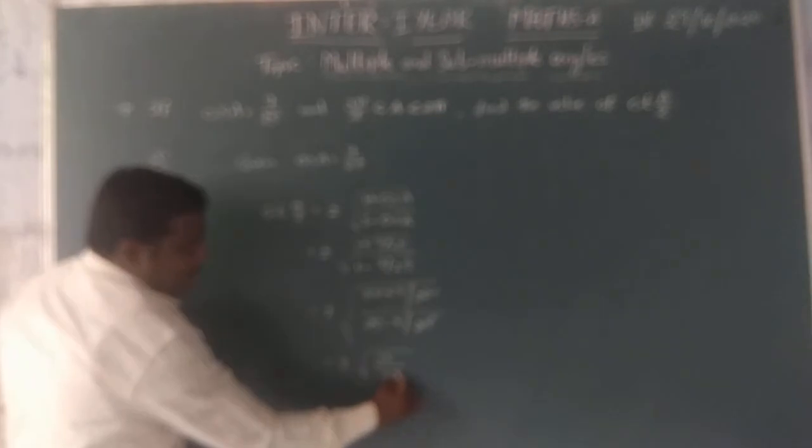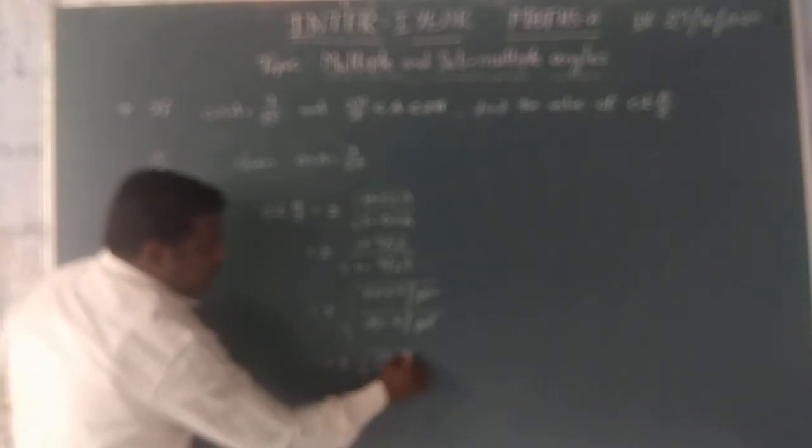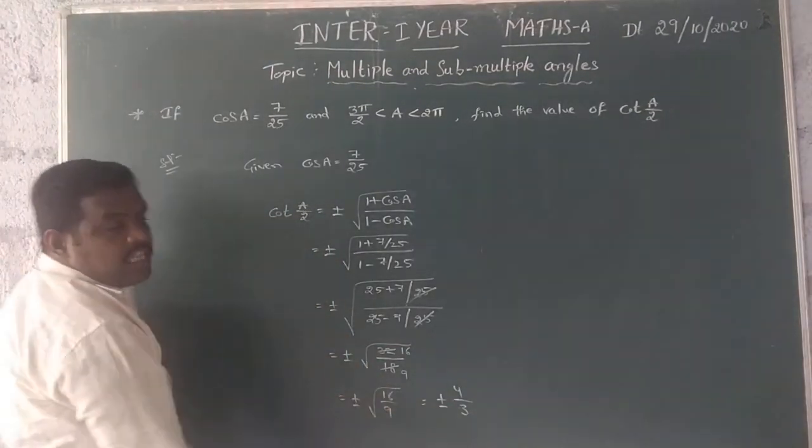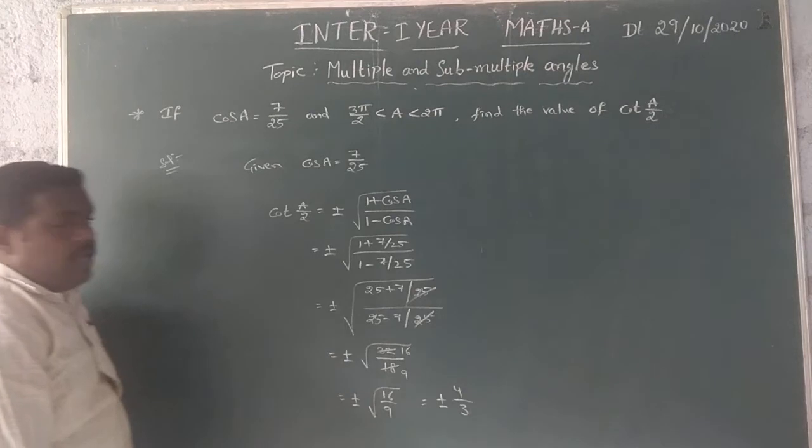So 2 nines are 18, 2 sixteens are 32. That equals plus or minus root 16 by 9, which is plus or minus 4 by 3. So cot A by 2 value is either plus or minus 4 by 3.